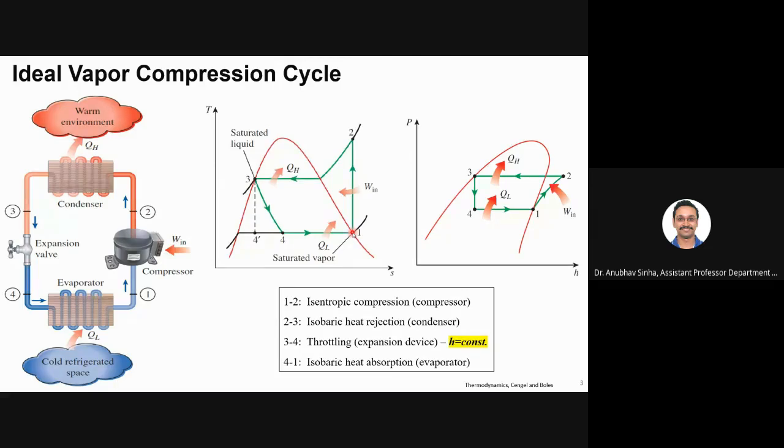Saturated liquid, vapor, superheated, subcooled? What is that state? Saturated vapor. So at 1 it is a saturated vapor, and it gets compressed in the compressor. Basically we are doing some work on it, and then it goes to point 2. Point 2 is in the superheated vapor region, and this work is done isentropically.